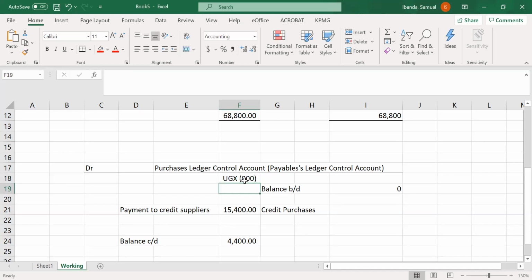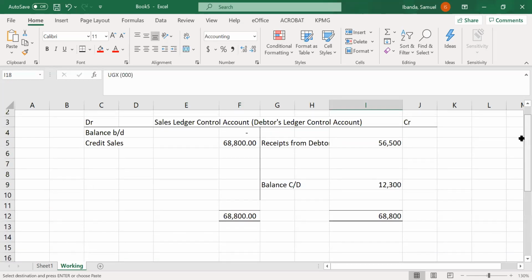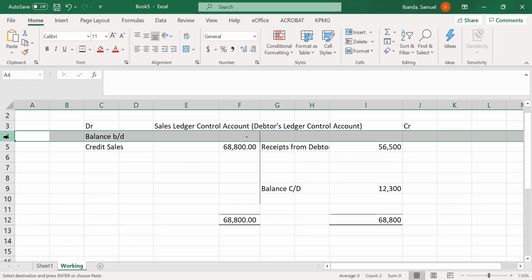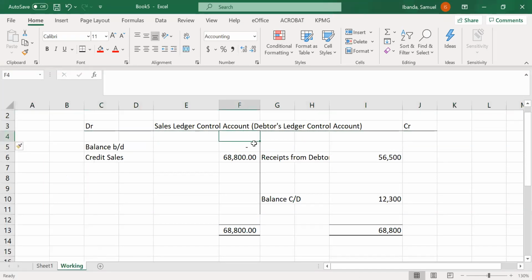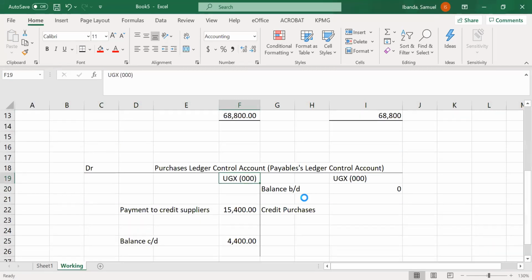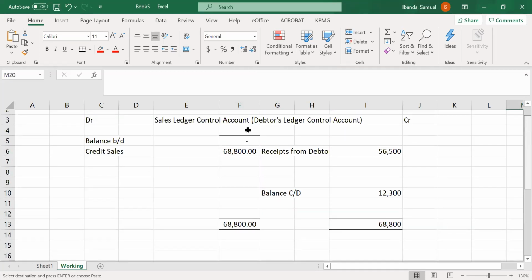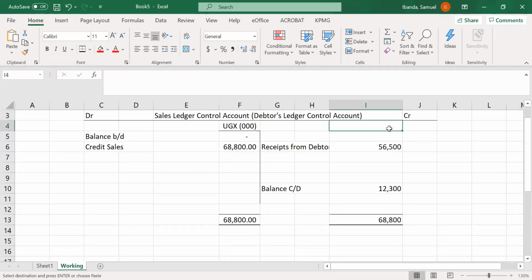This is very important even when you're doing these T accounts in the exam. So even here, I'll include them so that we don't forget them. The T accounts are very, very important.